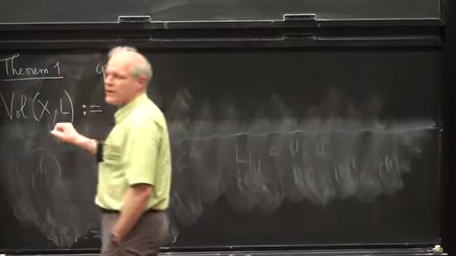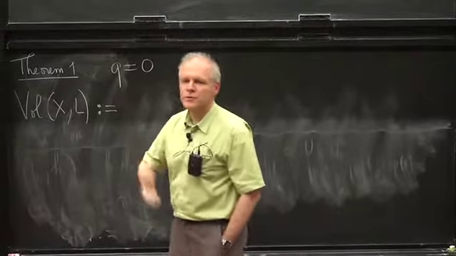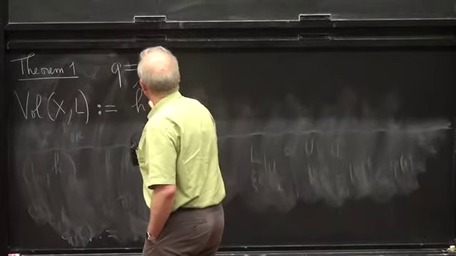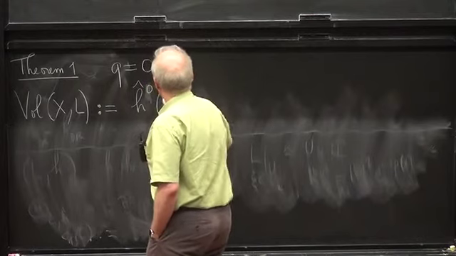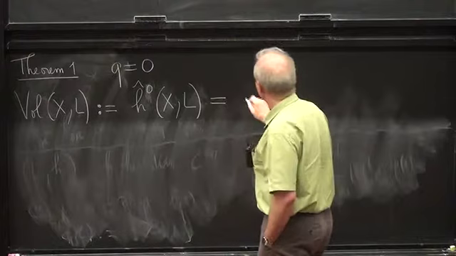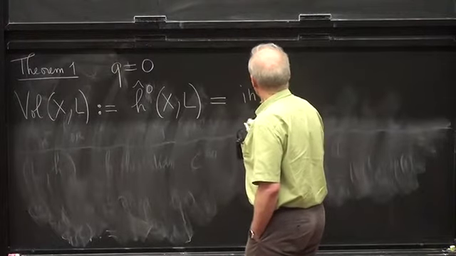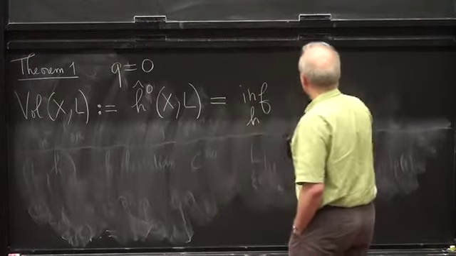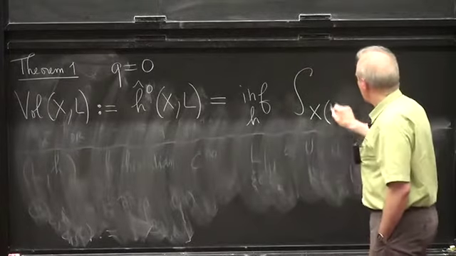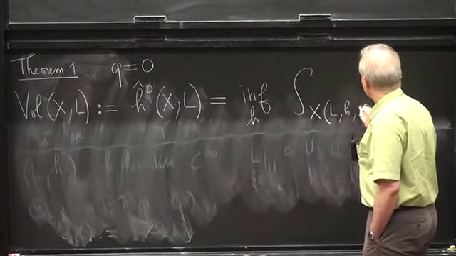The volume of a line bundle is just the asymptotic growth of the sections. So it's just h hat 0 of X, L, and this is indeed equal to the infimum over all smooth metrics of the Morse sums on the index 0 set.